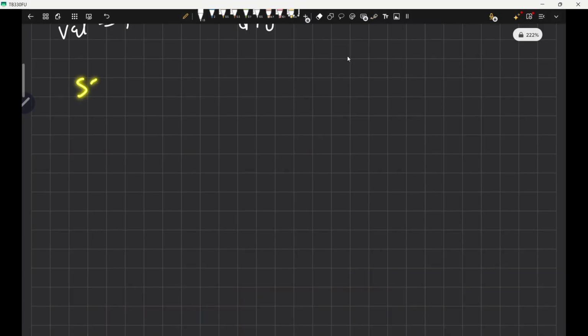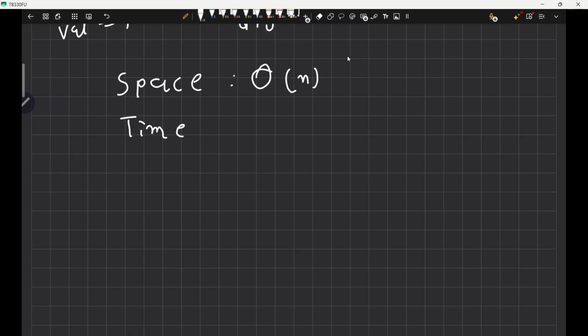The space complexity is easy. It is going to be O of n. Now what is the time complexity? For each state, how many transitions do you have to do? There can be 9 different possible values, right? So it is going to be n into 9.